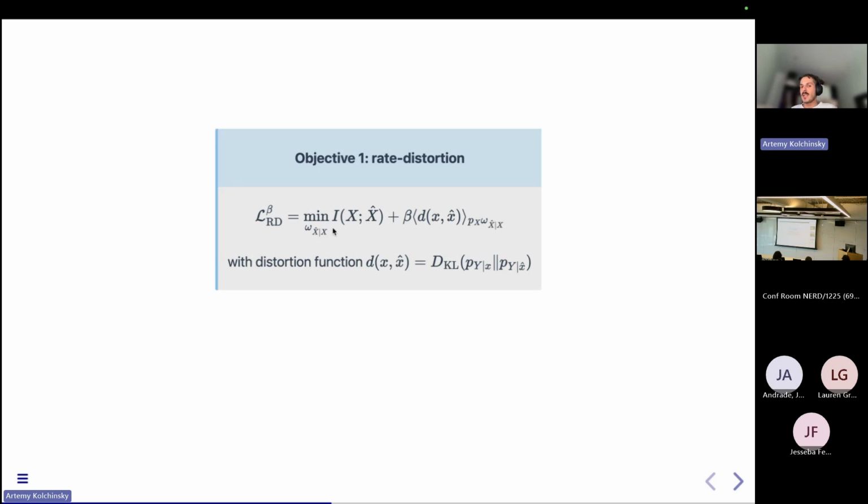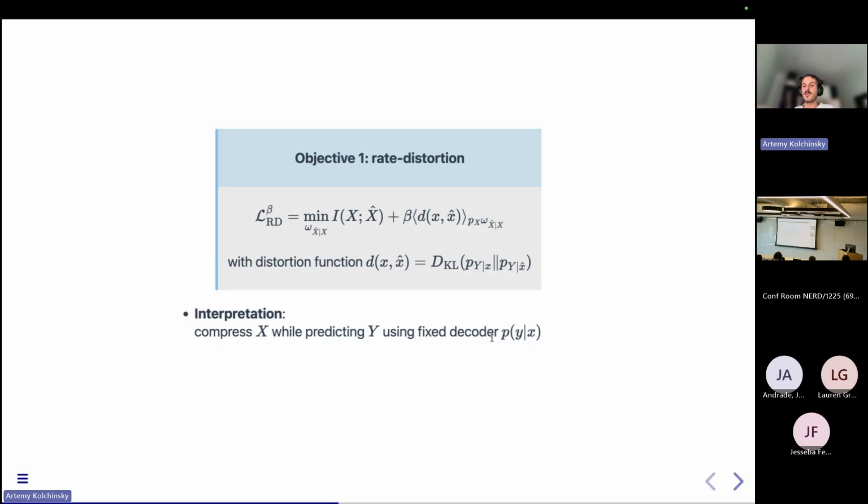We're going to minimize the mutual information, and we're going to penalize the distortion, where the distortion is given by the Kullback-Leibler divergence between x and x hat. We can think of this in comparison to, for example, information bottleneck: we want to compress x, but we're going to predict y with a fixed decoder.